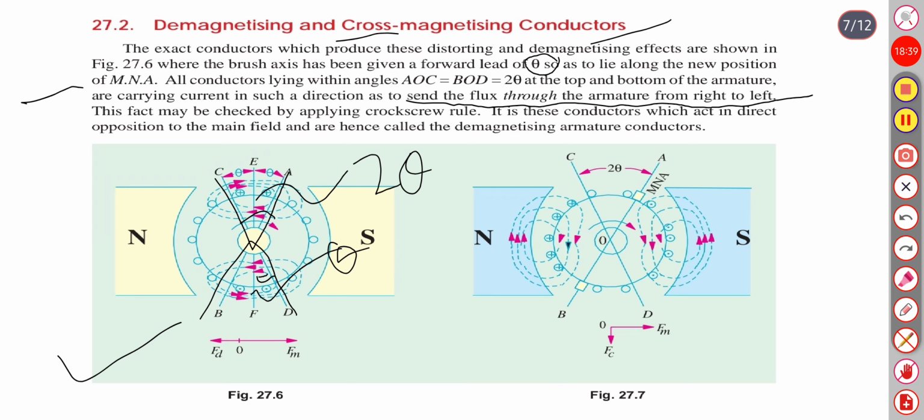This fact may be checked by applying the corkscrew rule. It is these conductors which act in direct opposition to the main field that are called demagnetizing armature conductors.